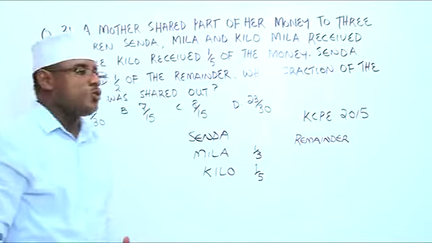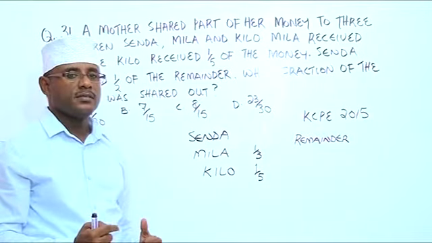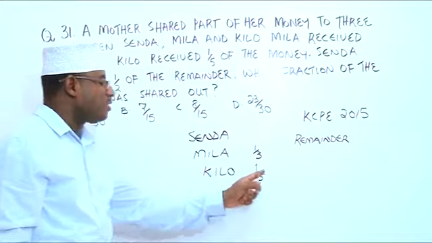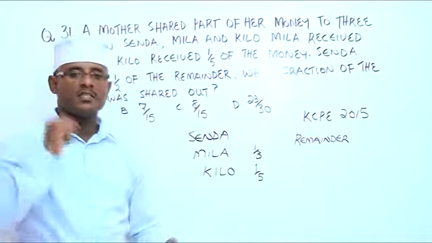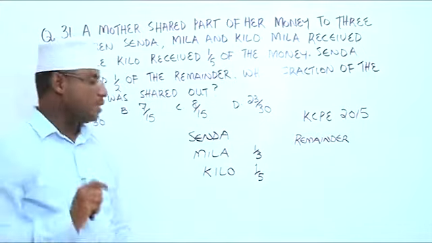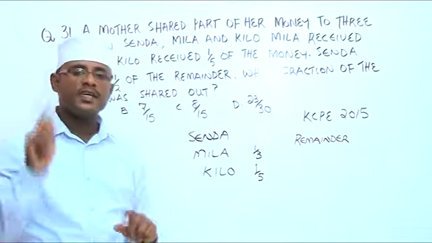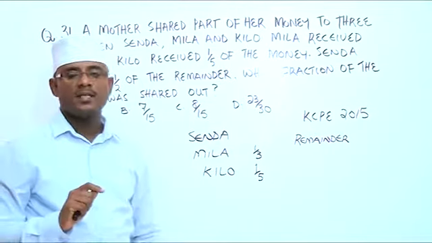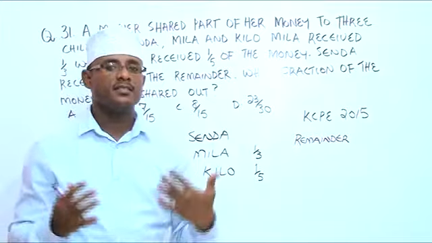Okay? It is 1 whole. So, out of the 1 whole, if you have taken out 1/5 of it and given it to Kilo, and then 1/3 of it and given it to Mila, how much fraction will remain?